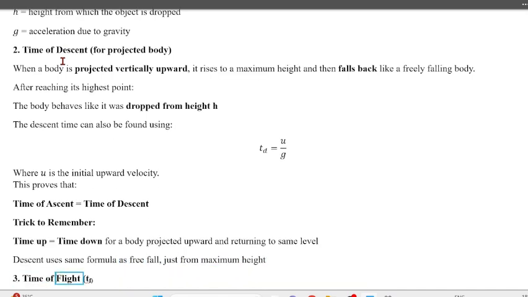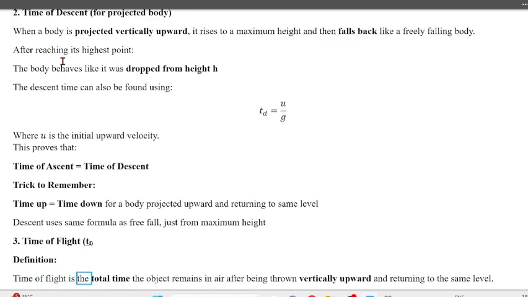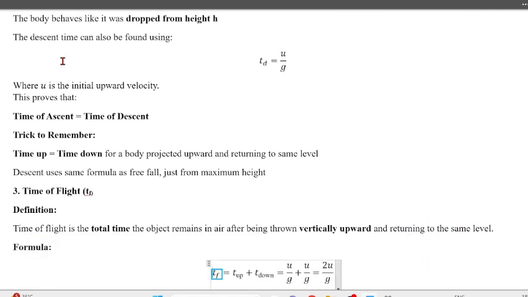3. Time of flight, T sub F. Definition: time of flight is the total time the object remains in air after being thrown vertically upward and returning to the same level. Formula: T sub F equals t up plus t down equals u over g plus u over g equals 2u over g.